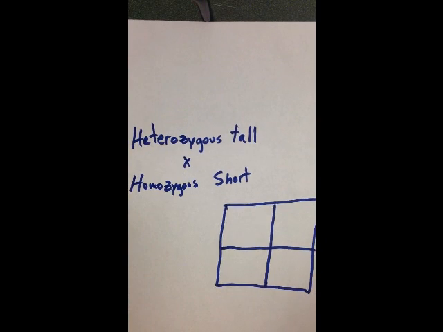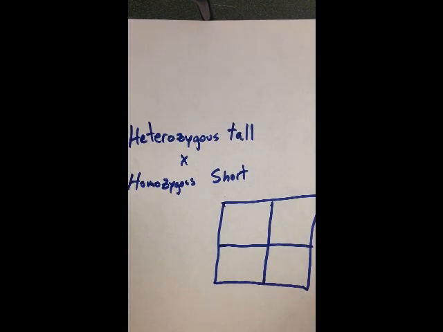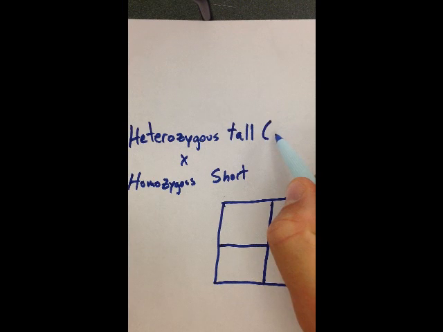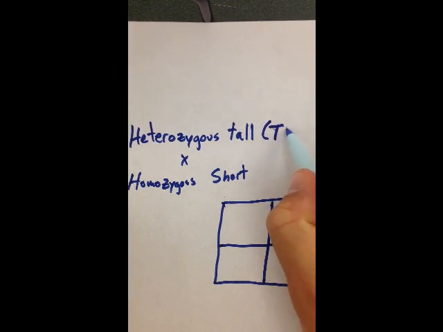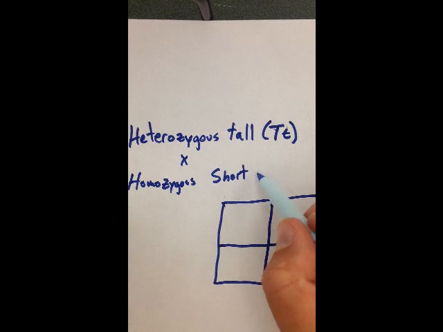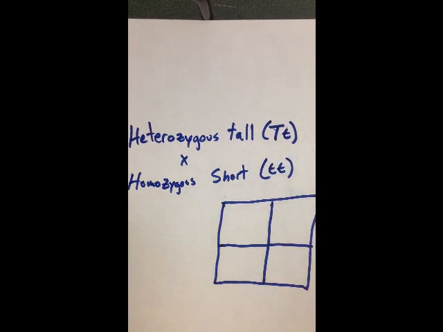Now, we have to establish what that means as far as the genes go. If you look back at the notes I gave previously, we would represent a heterozygous tall plant with a big T and little t. Heterozygous, again, means one of each gene. So this would be describing one of the parents in the cross. And homozygous short would be little t, little t. This is the only way we can describe those.